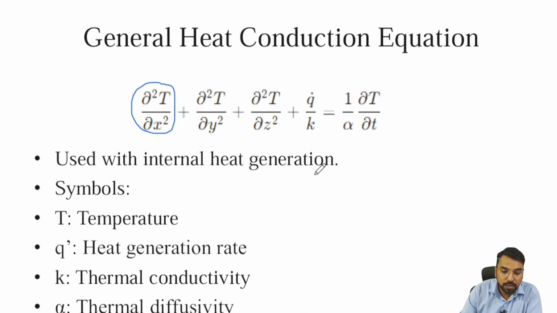This q dot by k is the internal heat generation. What is meant by that? Let's again take the help of this highlighter with a metal rod. Let's consider this steel metal rod that contains uranium inside it.